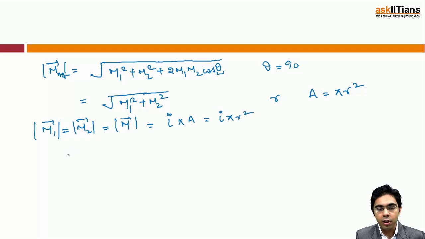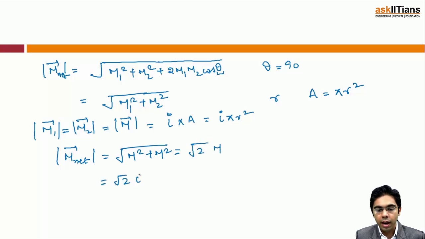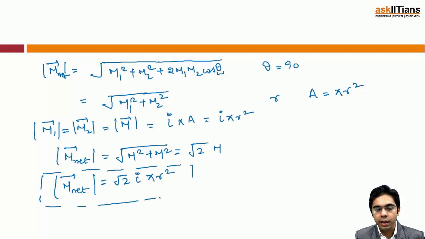So the resultant magnetic moment magnitude m net comes out to be under root m square plus m square, or root 2 m, which is root 2 I pi r square. So this will be the answer, the required magnitude of the magnetic moment.